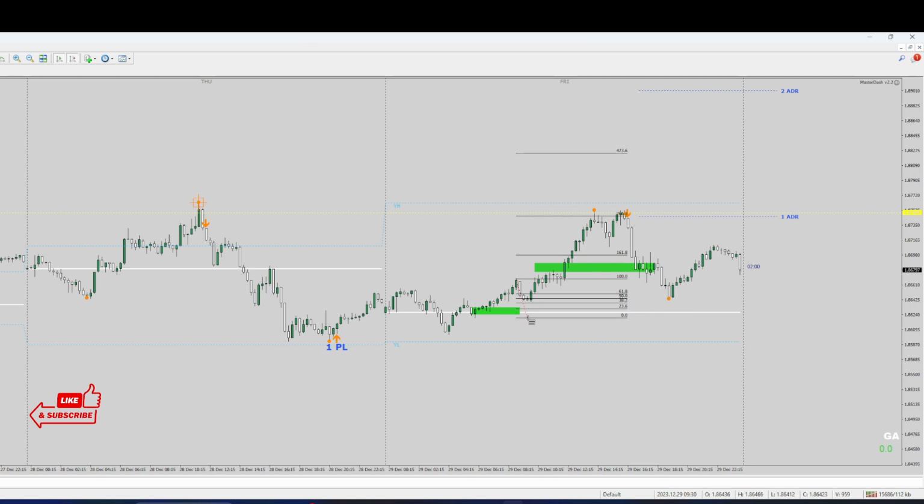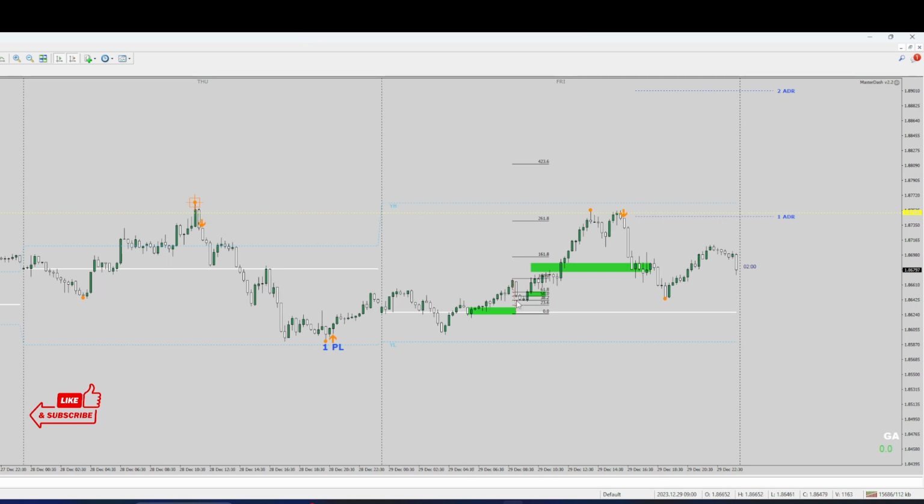Still about, let me see. I was trying to let this thing drop right here. So your entry is after this retracement right here. And if you're already in the market, this is a good area to add. Just scale in right there. Okay.